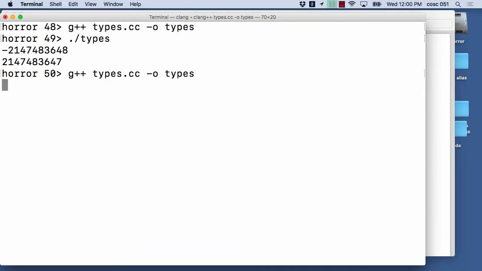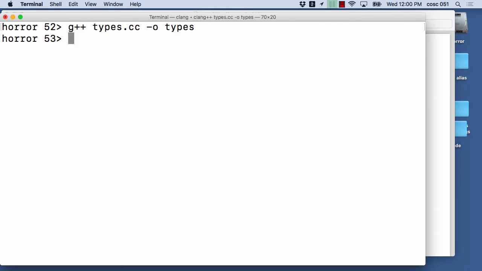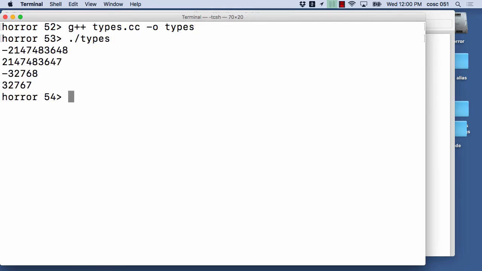Now, it may be that on this computer a short turns out to be the same as, oh, it doesn't. Okay, good. So in this case, the short only has numbers from minus 32,768 up to plus 32,767.